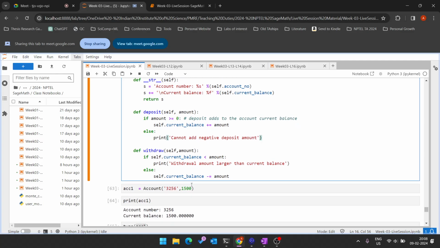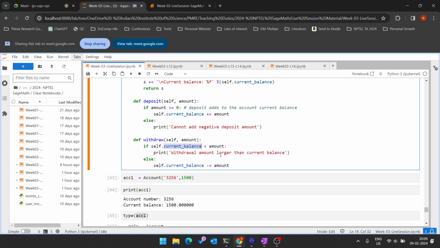Next function that we have is the withdraw function. Again, it has self and a necessary argument in the form of withdraw amount. Again, you could do this if else thing here also. But more important thing is that we'll assume that our amount is our current balance. If it is lesser than our amount, right? So this is the check that we have to include.